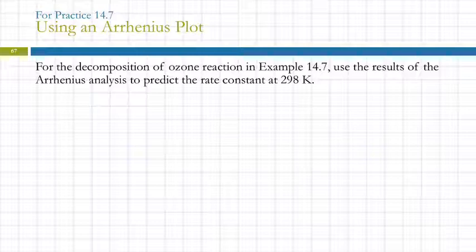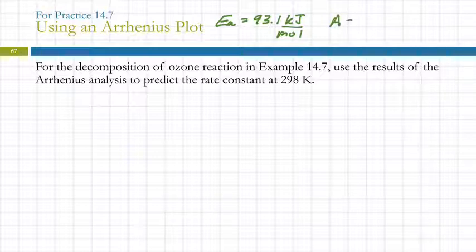We're using the results. The results were that EA was equal to 93.1 kilojoules per mole, and that A was 4.36 times 10 to the 11th. They want us to use those numbers to predict the rate constant at 298.